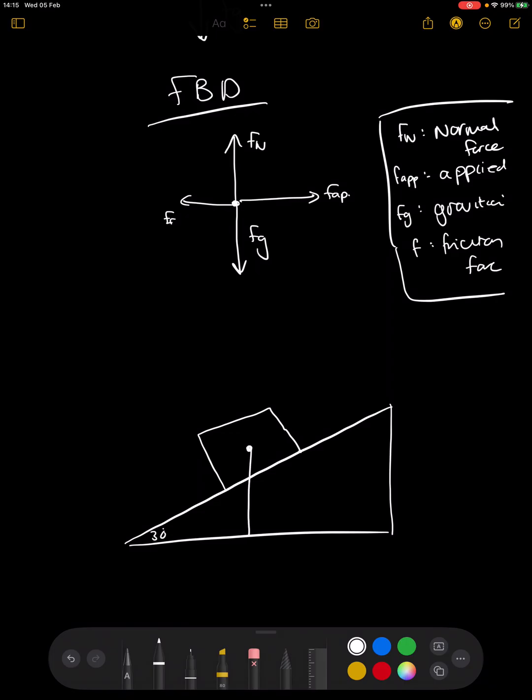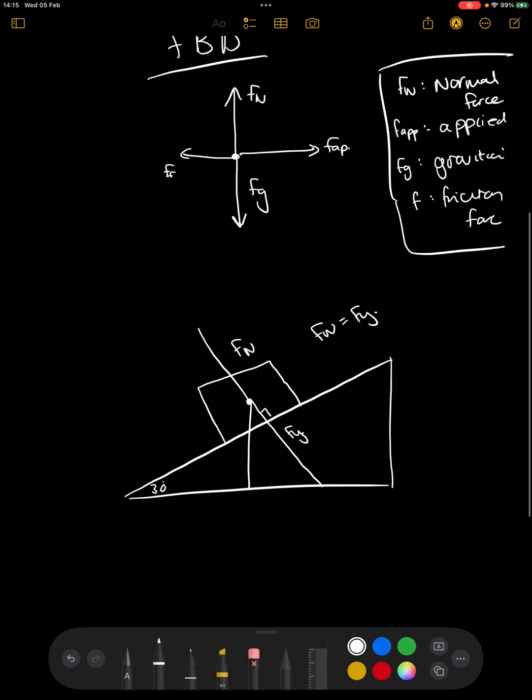And my normal force is always perpendicular to my surface. So this is essentially my Fy component. My Fn is going to be exactly the same as my Fy, right? And the Fx component, so this component over here, is the force of gravity that pulls it downwards.